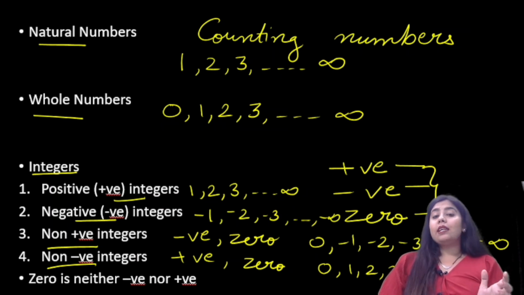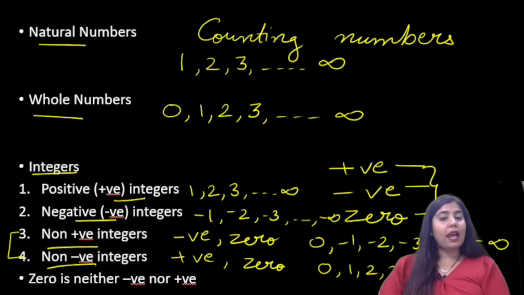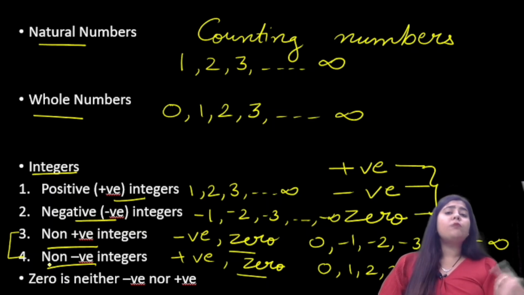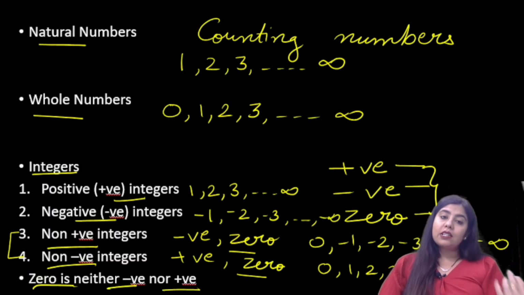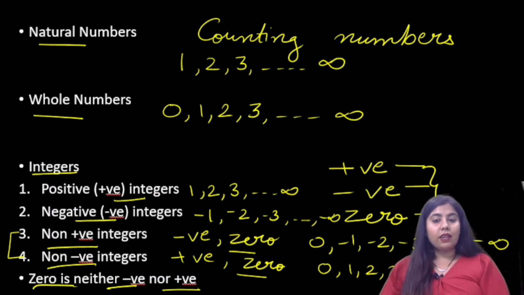Now see, from the third and the fourth types of integers, non-positive integers and non-negative integers, we can clearly see that both these types of integers include 0. Why are we including 0 in both types? We include 0 in both because we know that 0 is neither negative nor positive. That's why we are including 0 in non-positive integers as well as in non-negative integers.